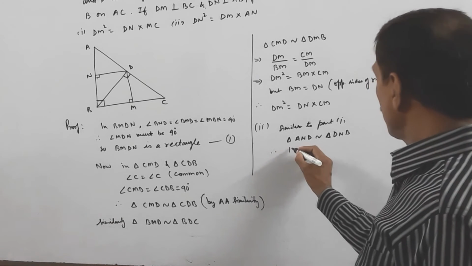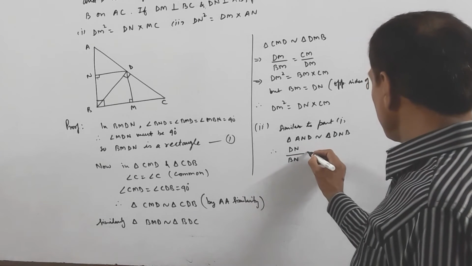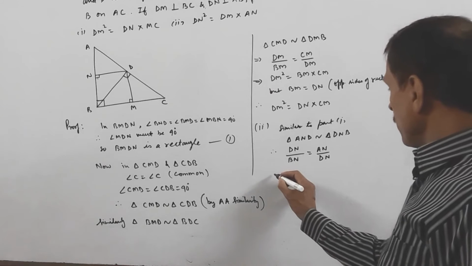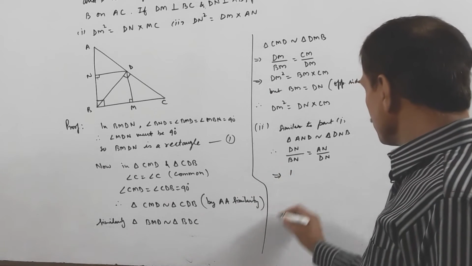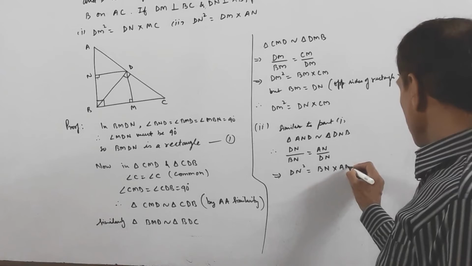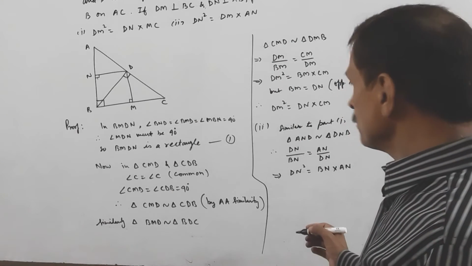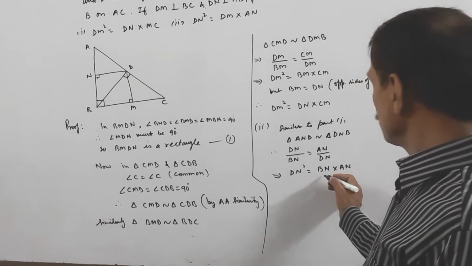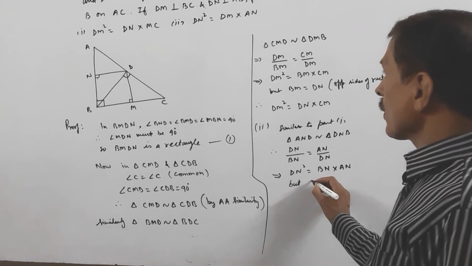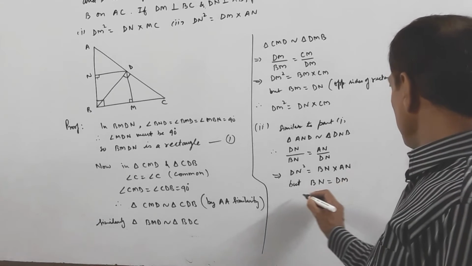Therefore, DN upon BN is equal to AN upon DN, implies DN square is equal to BN cross AN, but BN is equal to DM.